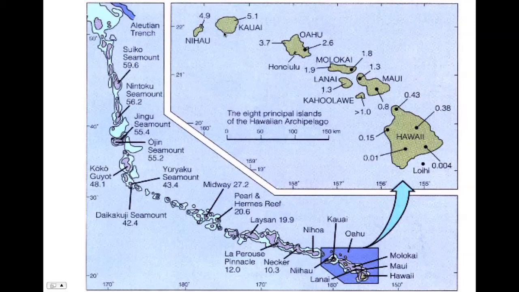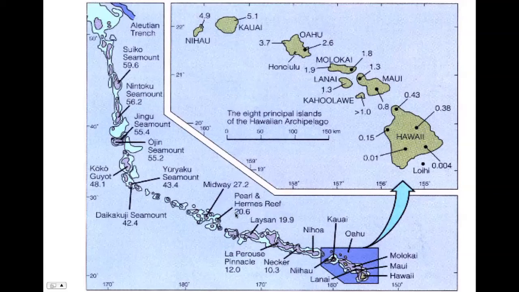Now, the chain did not start at Kauai, because if you look out further, here are the islands of Hawaii right here, and then you go out where there's no islands. We call those seamounts. They're away from the plume, and you can see that they get much older.